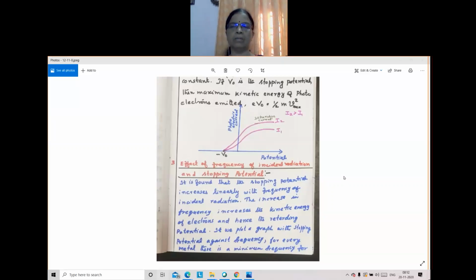So, the minimum energy it uses to eject the electron, and the remaining energy. For example, h nu is the energy incident, and in that, h nu 0 is the energy required to eject the electron, the work function of the metal or threshold energy of the incident radiation. H nu 0 is used to eject the electron, and there is more energy because the frequency is greater than the threshold frequency.